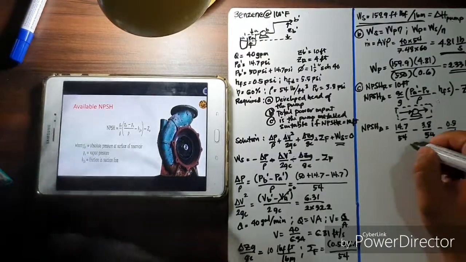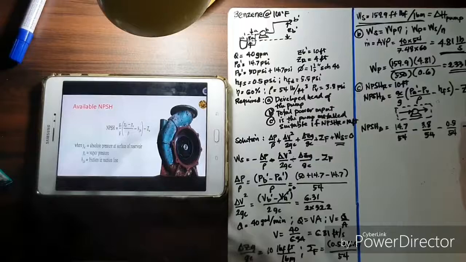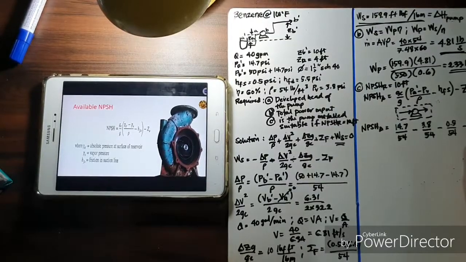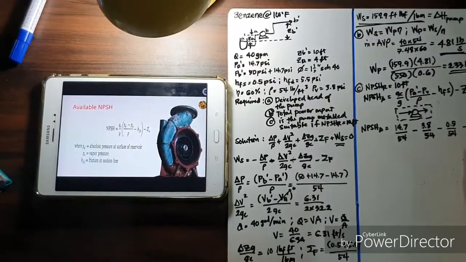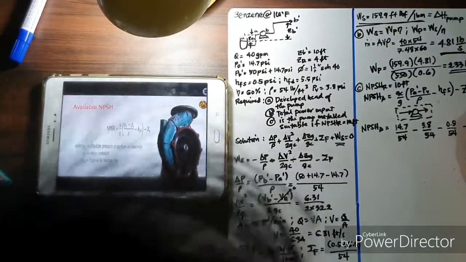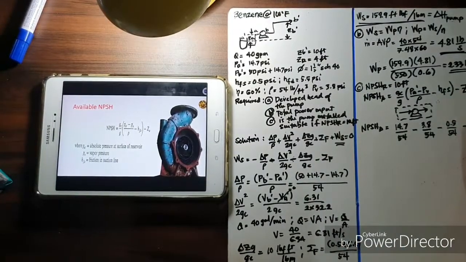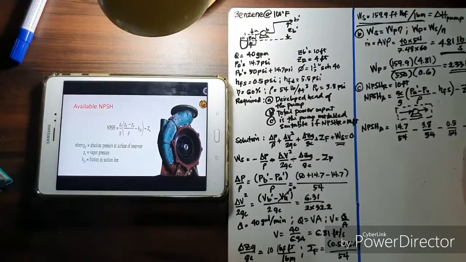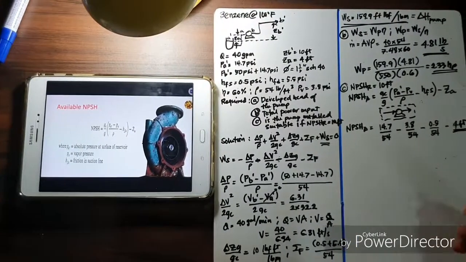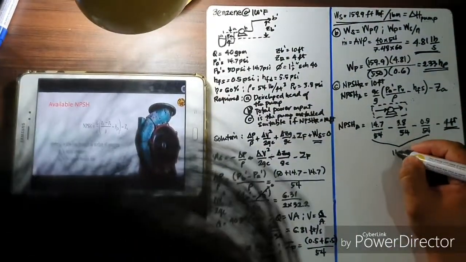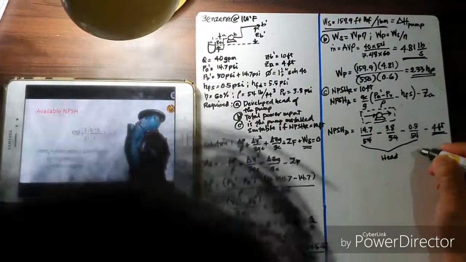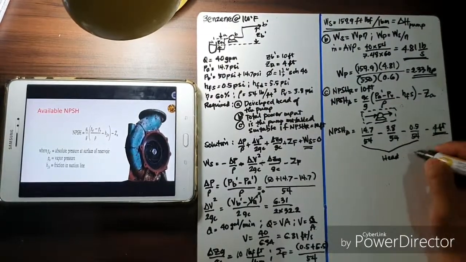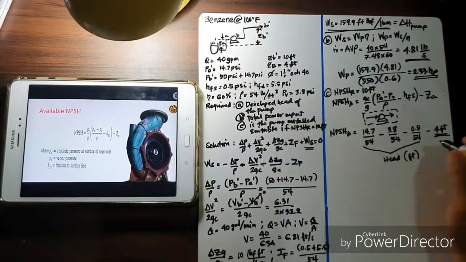Then minus, of course, the elevation, which is 4 feet. So this one is not C sub B, rather this is C sub A, the elevation of the pump, which is 4 feet already. This is head. These three need to become head. Usually head is either in meters or in feet, so we need feet.